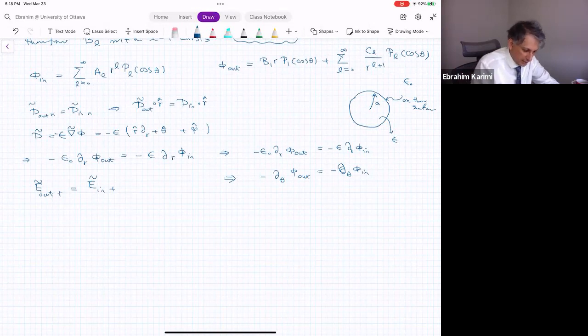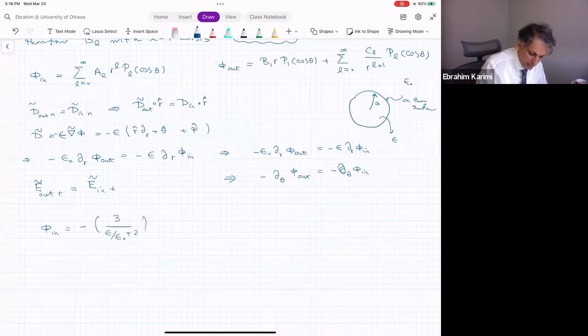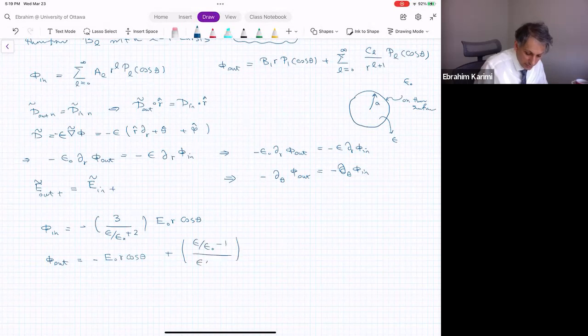So we will find that phi in is given by minus 3 divided by epsilon over epsilon 0 plus 2, times E0 r cosine of theta, and phi out is given by minus E0 r cosine of theta plus epsilon over epsilon 0 minus 1 divided by epsilon over epsilon 0 plus 2 of E0 a to the power of 3 divided by r to the power of 2 cosine of theta.